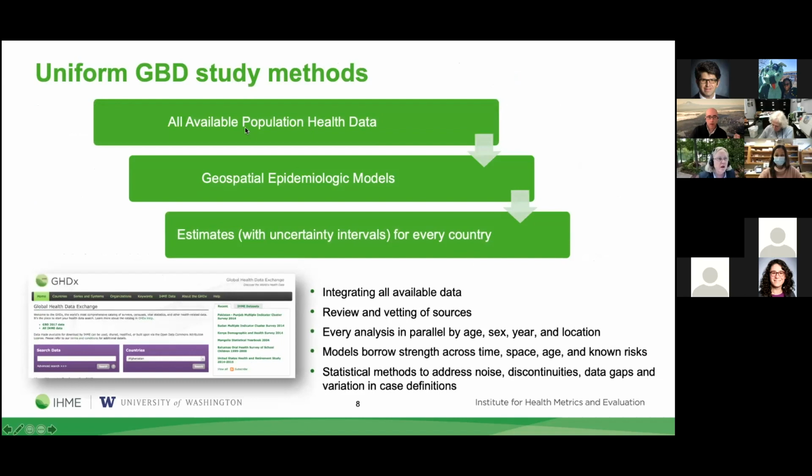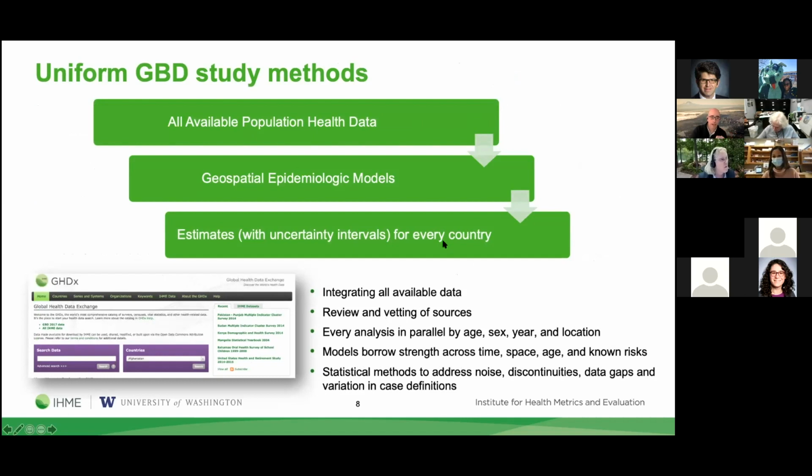I know you are all, for the most part, research scientists, and so I want to touch on methods. I'm not going to delve into all of the details, but I think it's important to understand our general approach, which is to collect all of the available population health data in the world, apply a range of geospatial epidemiologic modeling techniques, and then produce estimates for all of these locations.